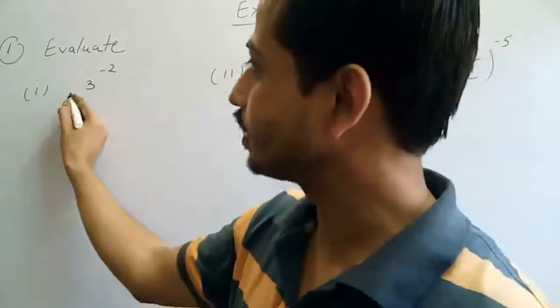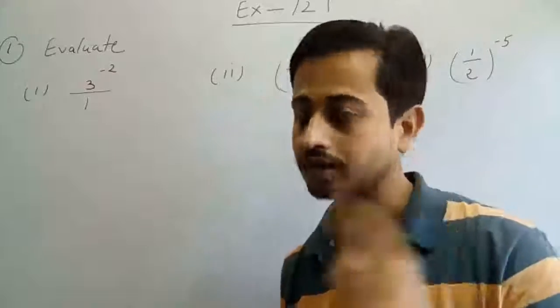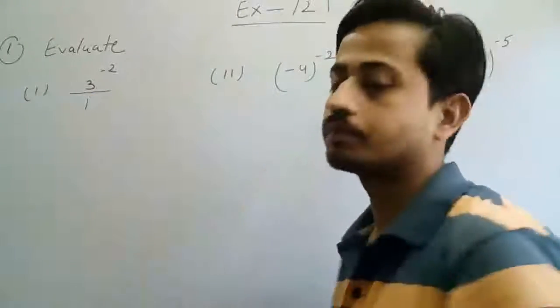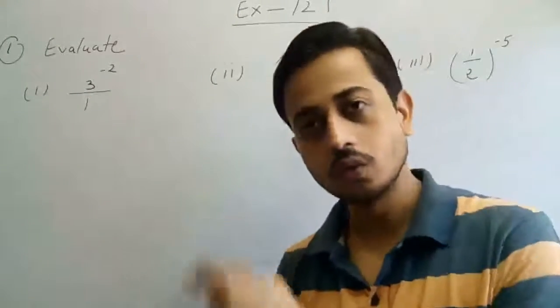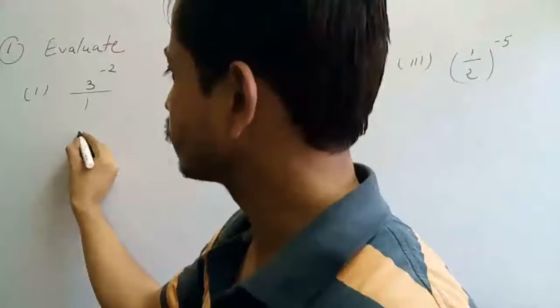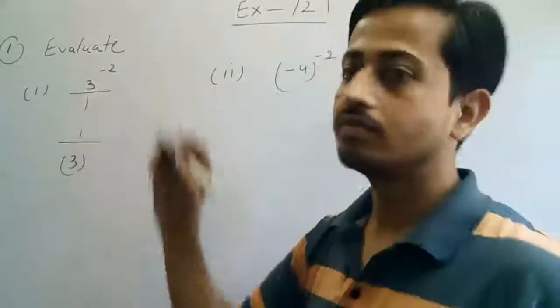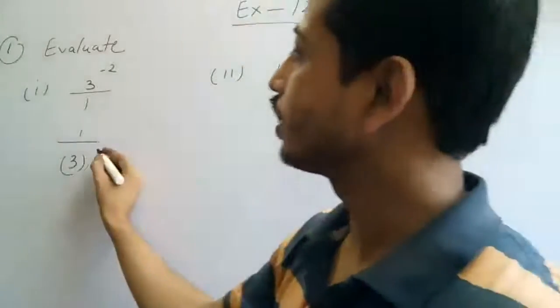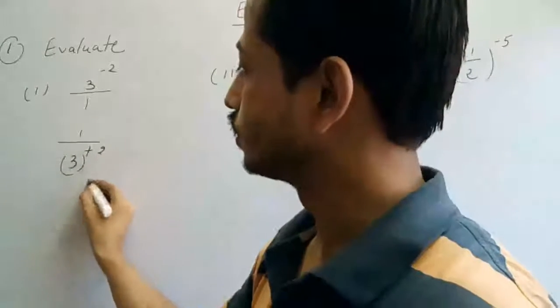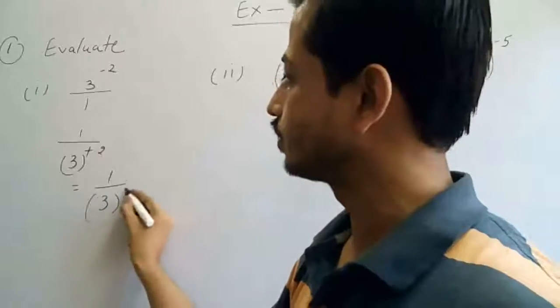Numerator, because if there is no term specified in the denominator, we have to use 1. So we have to make the power positive. So move it into the denominator part. So it becomes 1 divided by 3 raised to the power, the sign will be changed. Negative 2 becomes positive 2. So this can simply be written as 3 raised to the power 2.